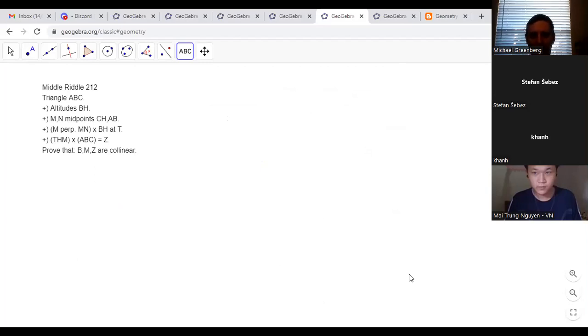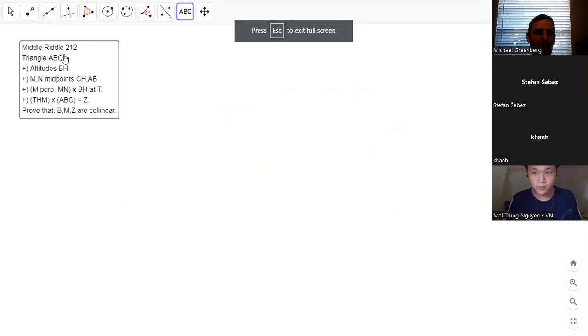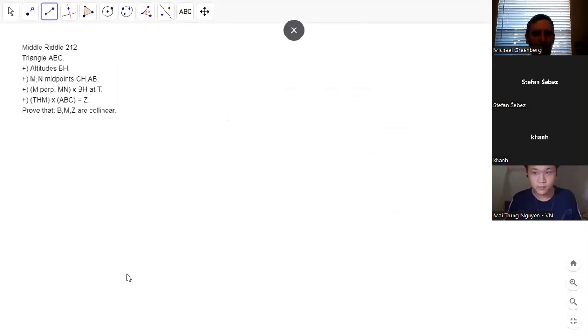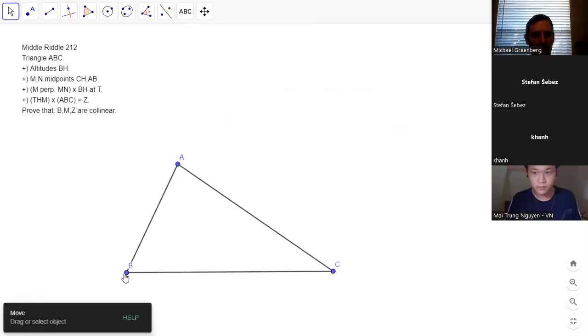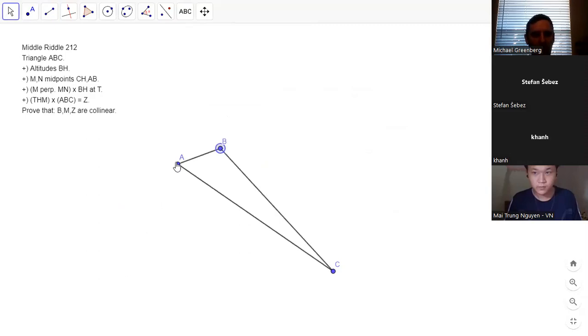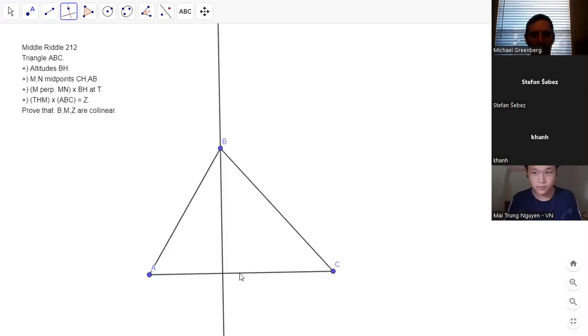All right, so let's try this one. We have triangle ABC and altitude BH. It's probably better to let B be at the top, although I'm not sure. So we have BH.